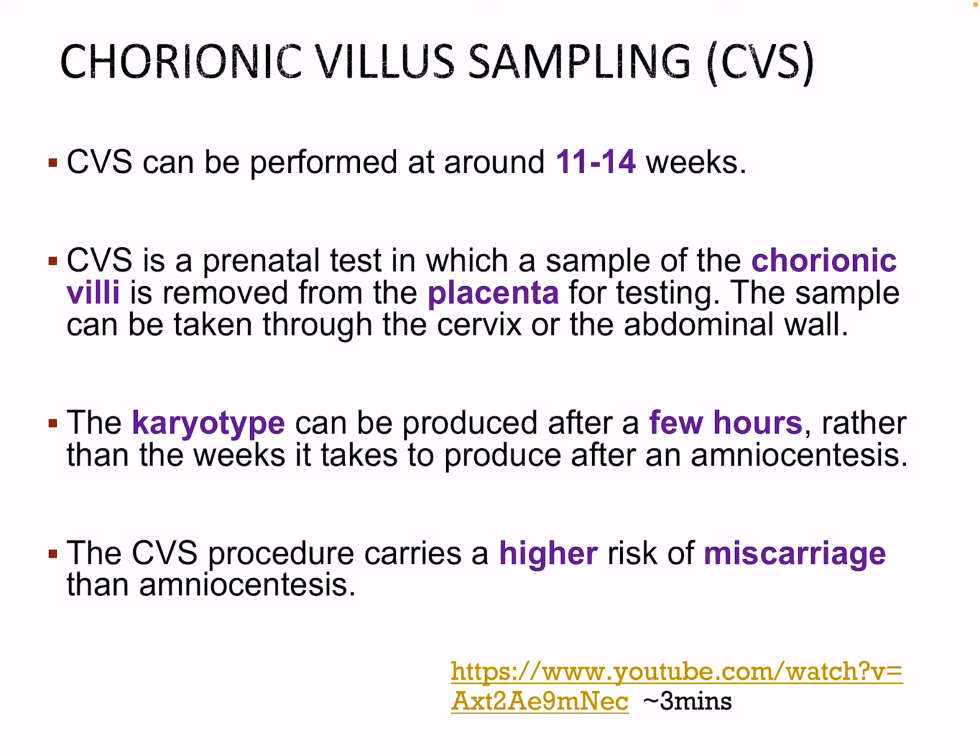The karyotype for this can then be produced after a few hours, rather than the few weeks it takes to produce a karyotype from amniocentesis. However, the downside to this is that chorionic villus sampling has a higher risk of miscarriage than amniocentesis does. And again, you can click on the link at the bottom to watch a video about chorionic villus sampling.